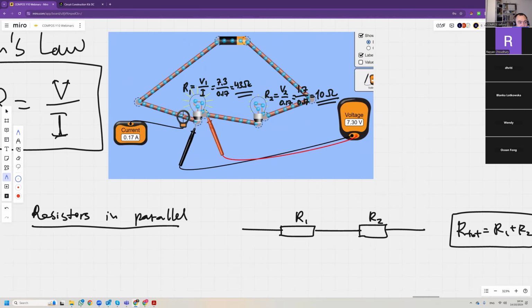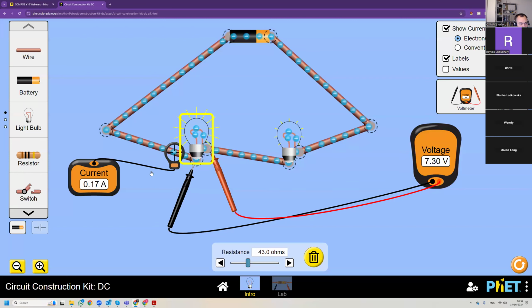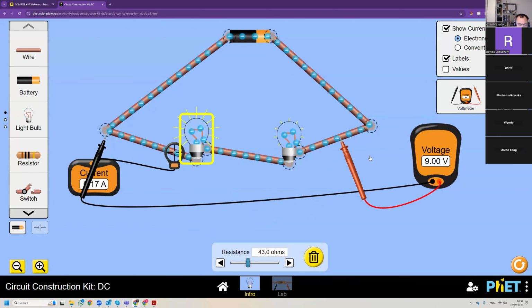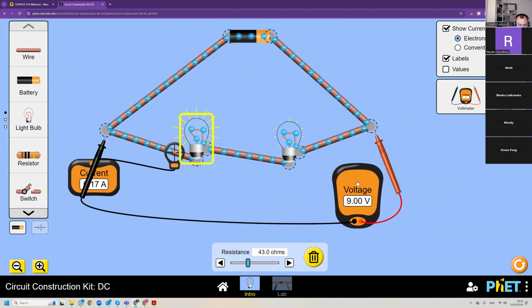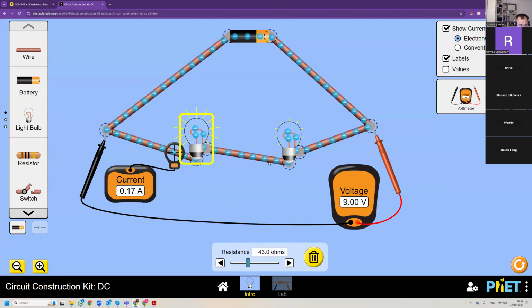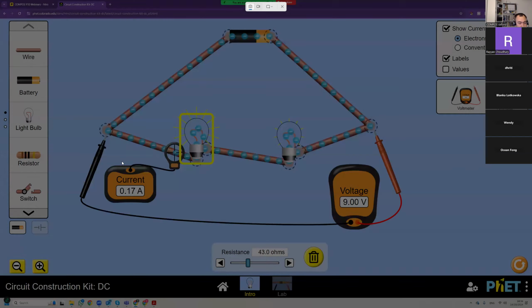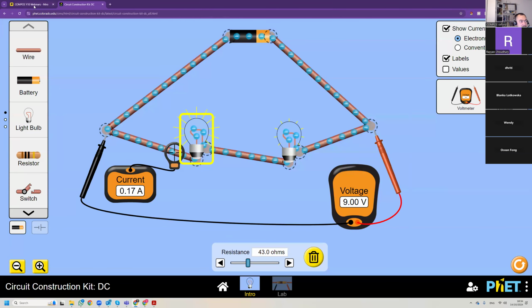So if we have 43 and 10, let's do the total. We measure the voltage across the two, and it's going to be 9 volts. 9 volts divided by 0.17.